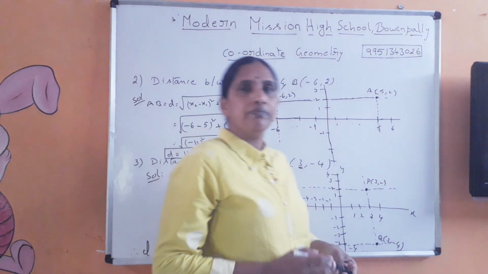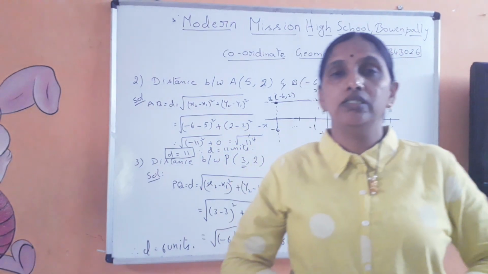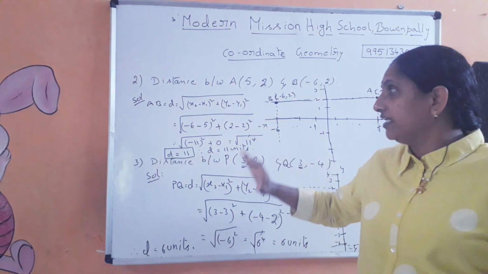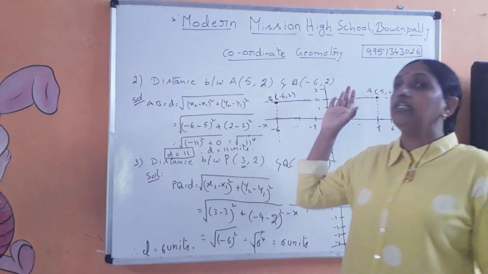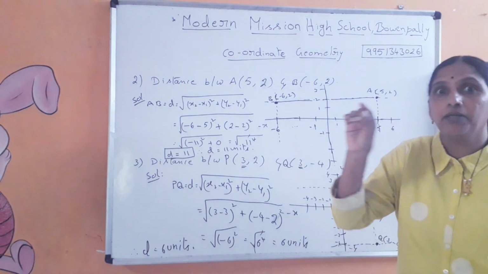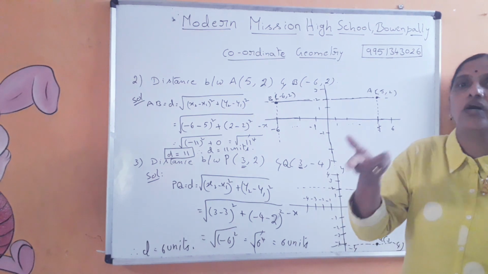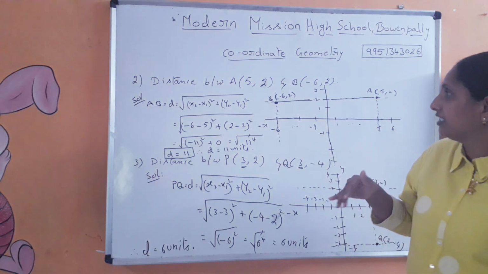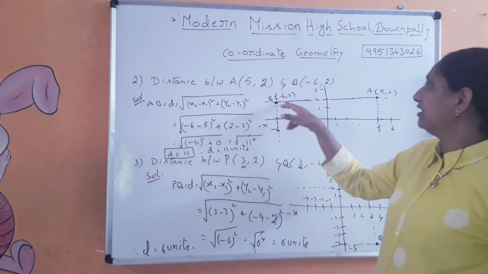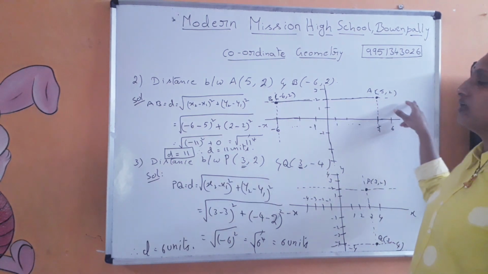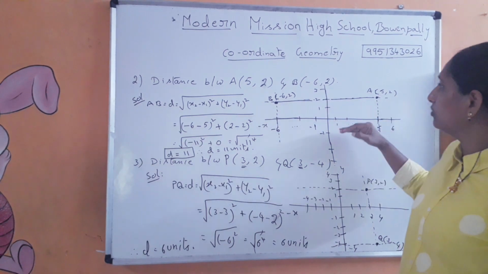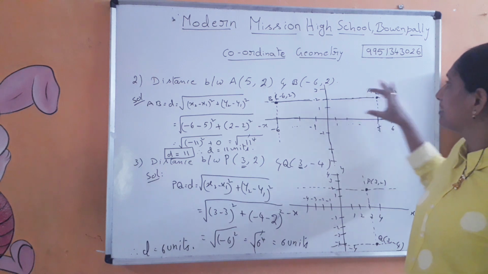So from these examples, what we are able to learn here is that whenever the ordinates are constant or same in the given set of points, what are ordinates? Y coordinates. When y coordinates are same, then all the points lie on a line parallel to the x-axis at a fixed distance.